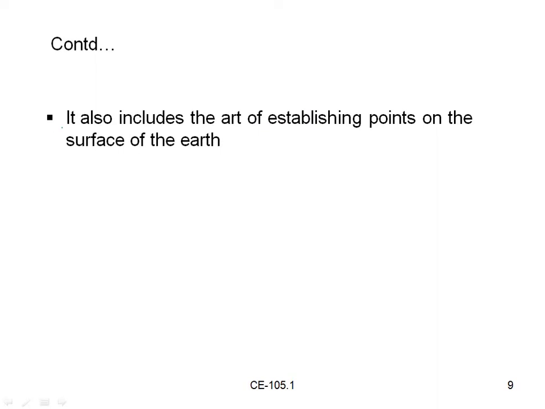Next, it also includes the art of establishing points on the surface of the earth. By using surveying, we can establish the points on the surface of the earth. These points are measured with the help of ground levels, and there will be temporary points and permanent points.